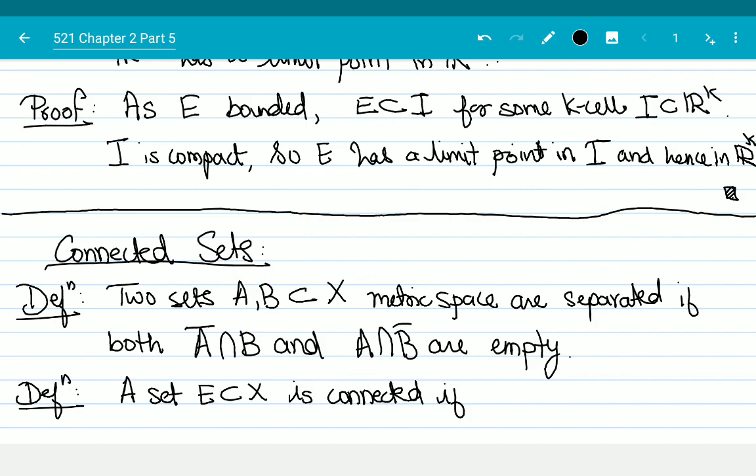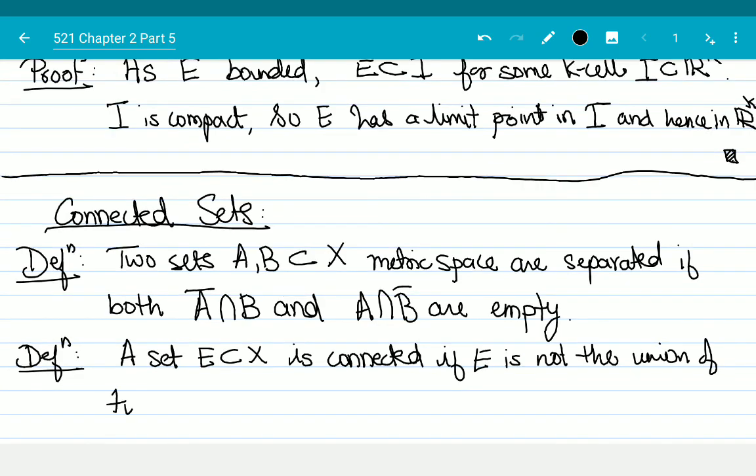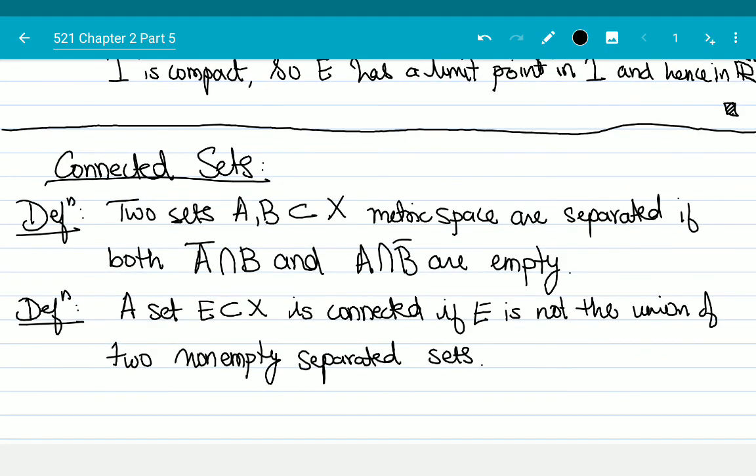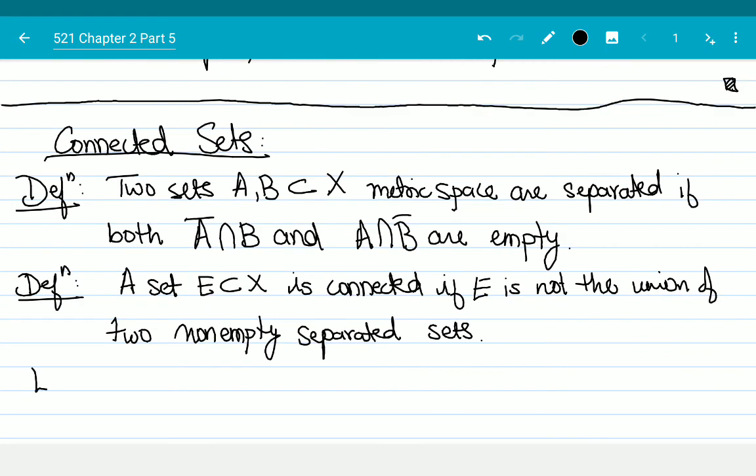If E is not the union of two non-empty separated sets. Example.